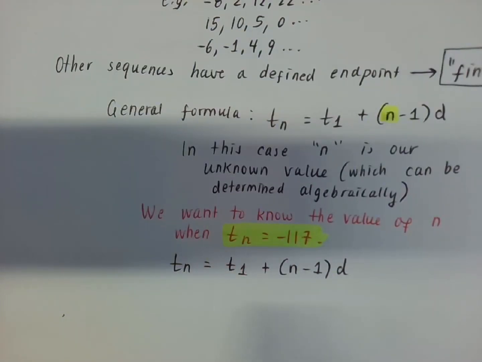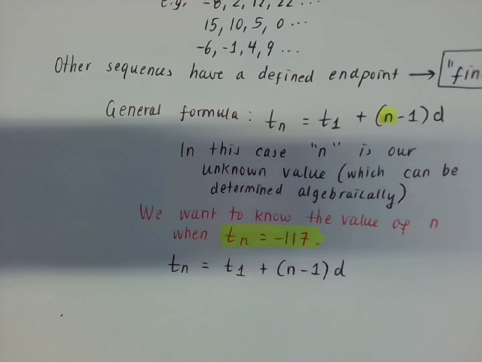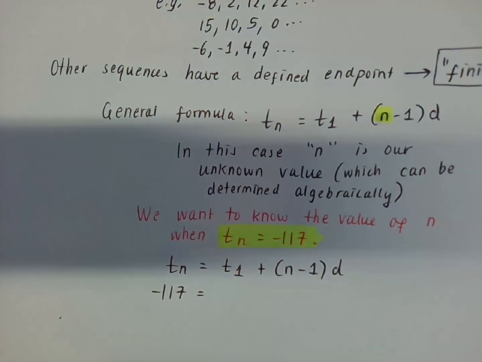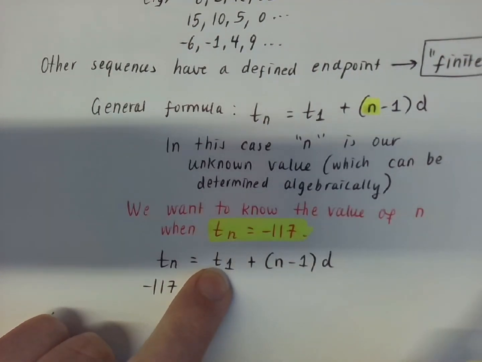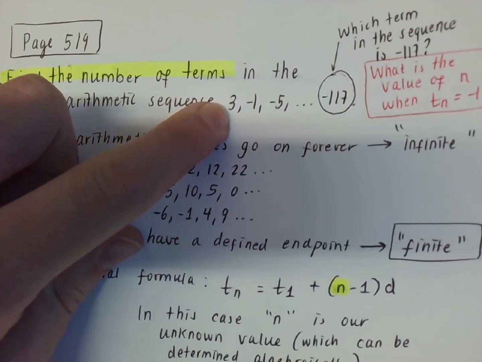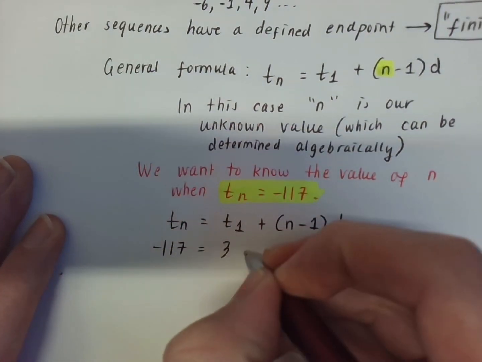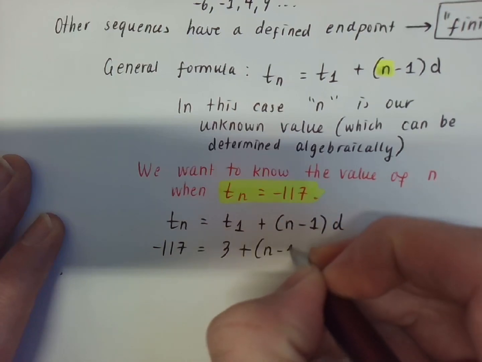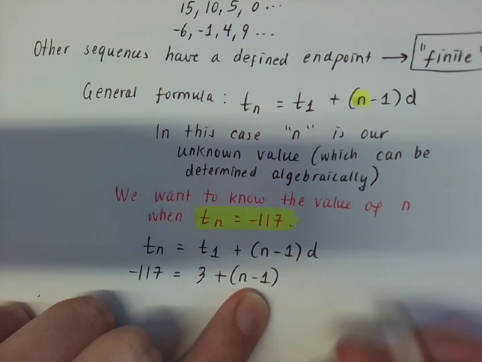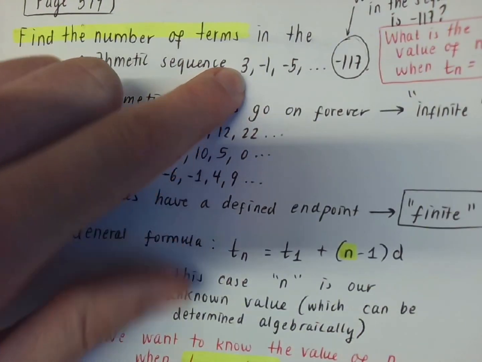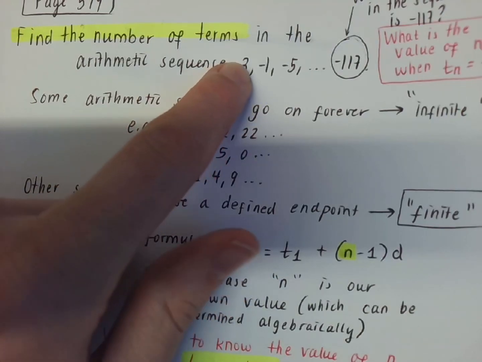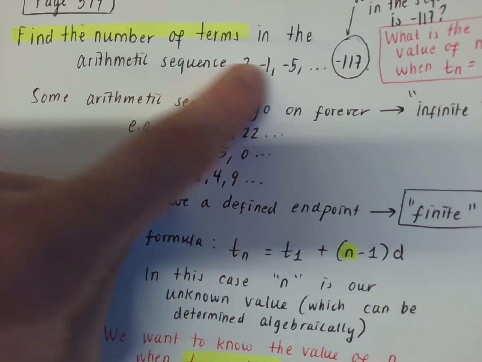When Tn is negative 117, T1, that's always going to be the starting point. So what was the starting point here? It was 3. N minus 1, again, n is our unknown, so we can't substitute anything there. D, common difference. What's the common difference here? Looks like we're going down 4, so negative 4.